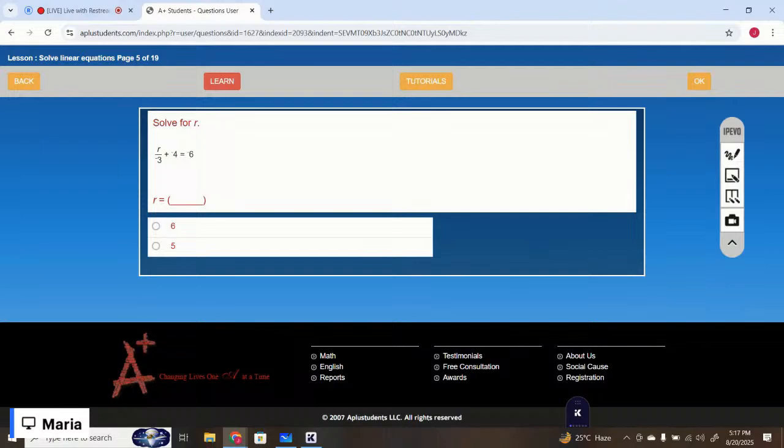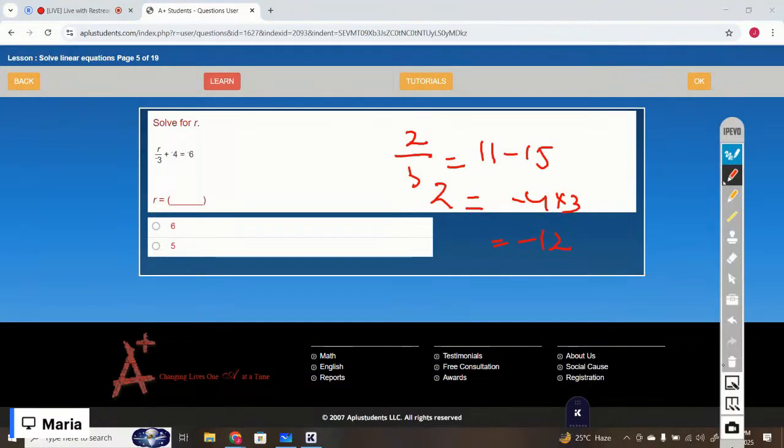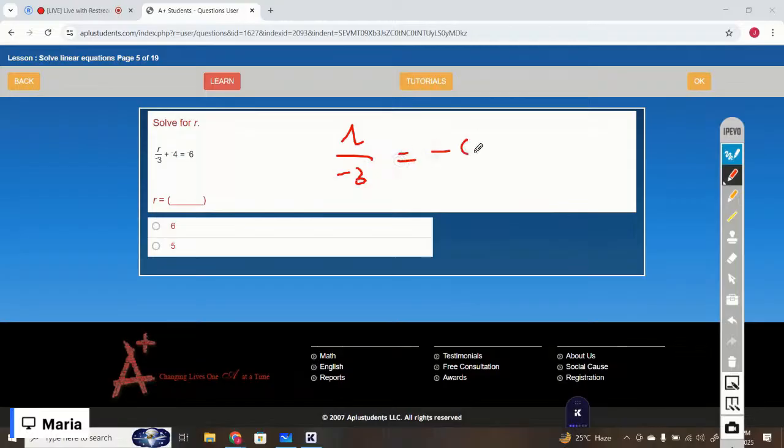Solve for r. r divided by negative 3 equals negative 6 minus negative 4.